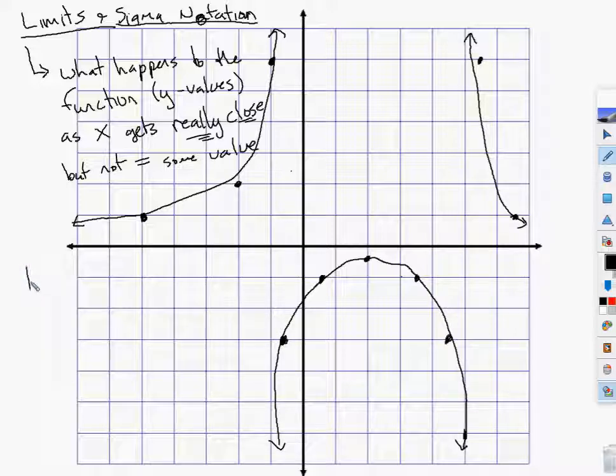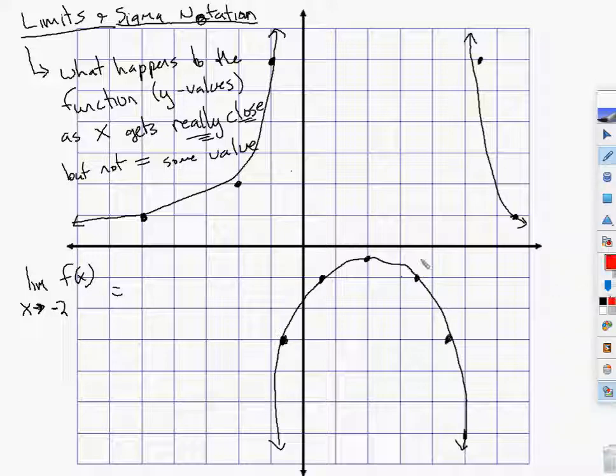Let's say I want to take the limit of this function. I have a picture of it as x approaches, say, -2. All right, f of x. So I'm asking, what is happening to the y values as x gets close to -2?